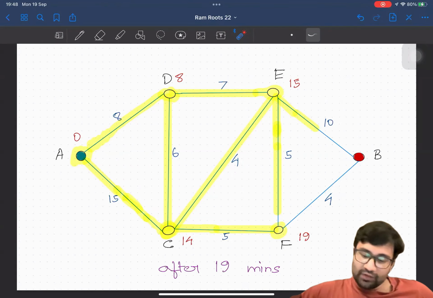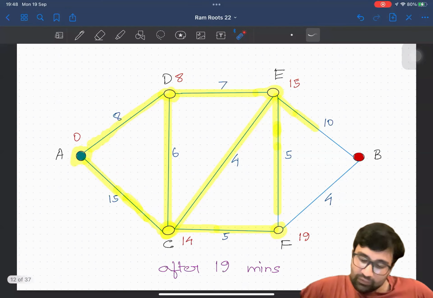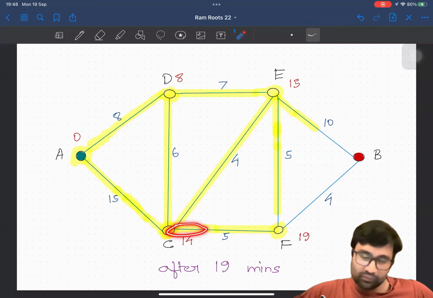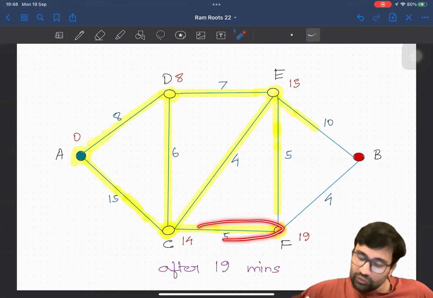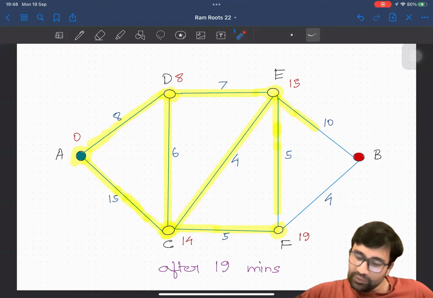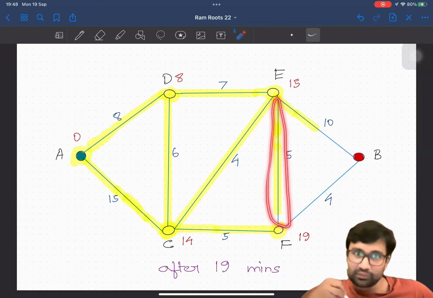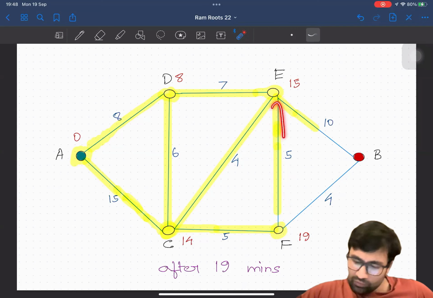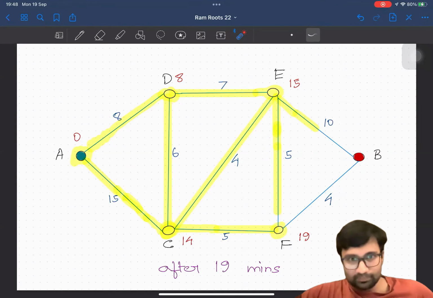Because the fire was at C at 14 minutes and then the fire reached E at 15 minutes. But by then the fire had also spread 1 minute along this direction, no? So it only had 4 more minutes to cover. Whereas the fire starting from E has a full 5 minutes to cover. And it can only cover 4 minutes because from 15 minutes to 19 minutes, it's 4 minutes. Right? So some portion is still not on fire here.